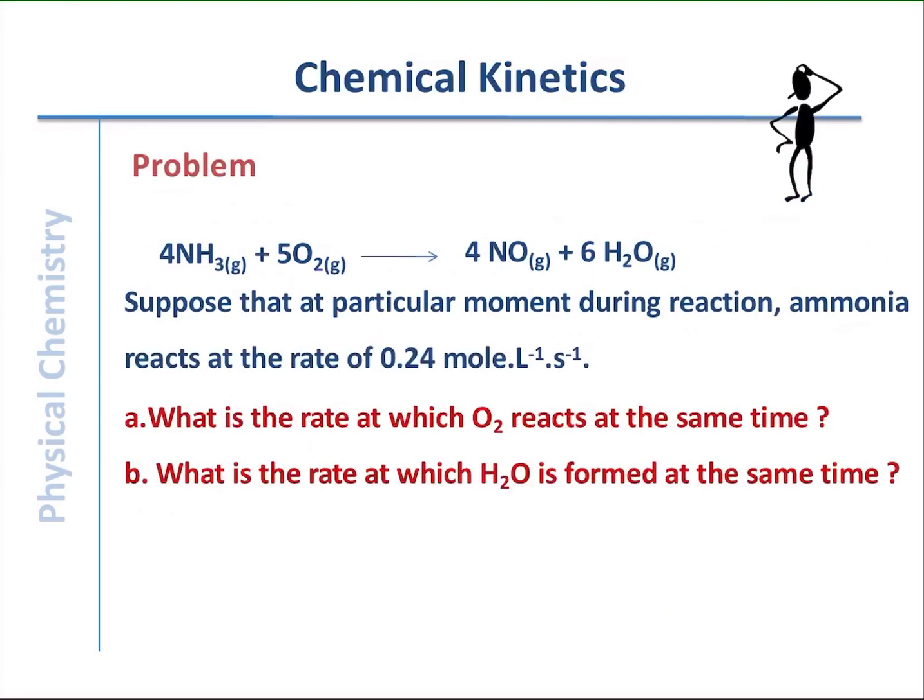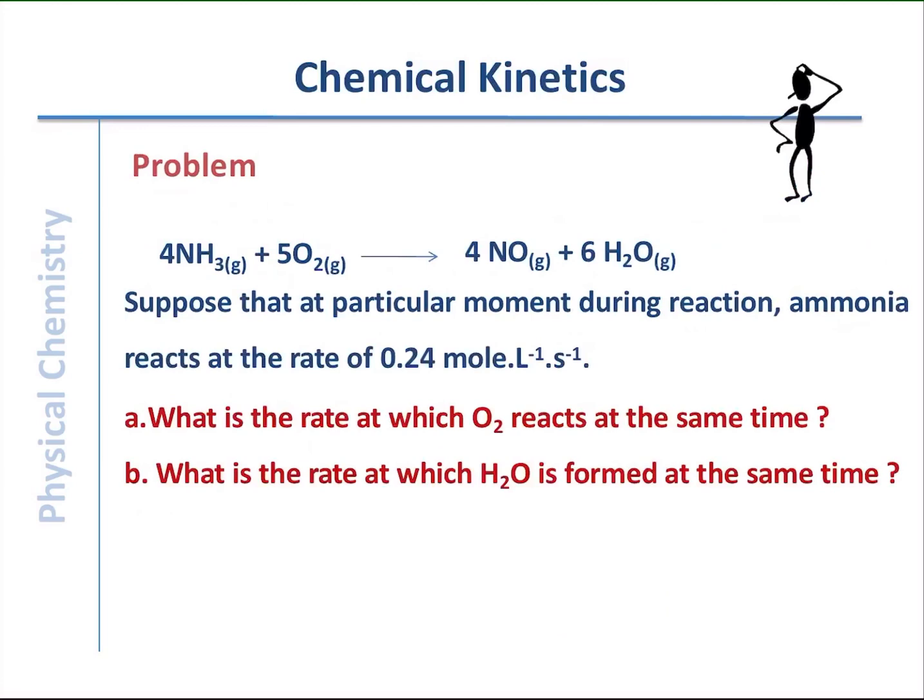Another problem, this is the balanced equation for ammonia when it reacts with oxygen to give nitrogen monoxide and water. What is the rate at which oxygen reacts at the same time?